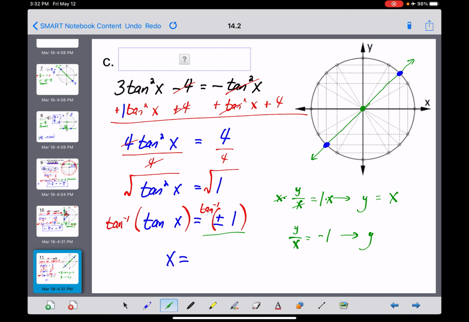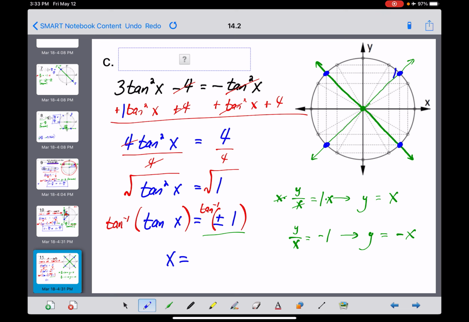Here now, negative 1 times x, y is going to equal negative x. So that's another line with a y-intercept of 0, but now your slope is negative 1. So we're going here into the second and the fourth quadrants. So that line, the second one that we drew, also has 2 points of intersection, one right here and one right here.